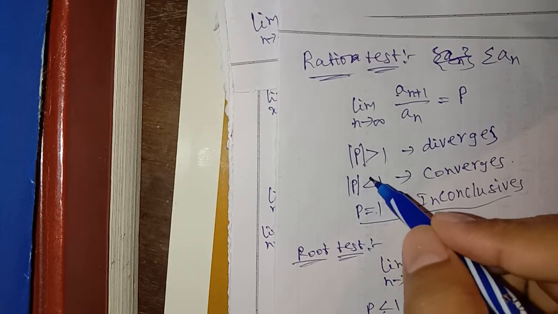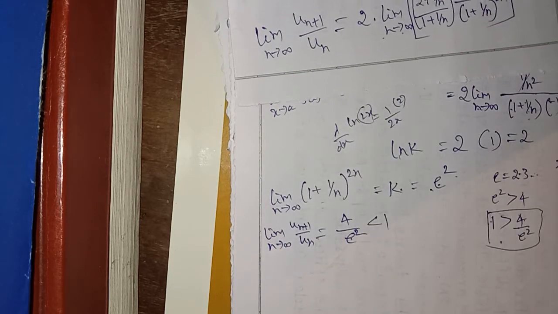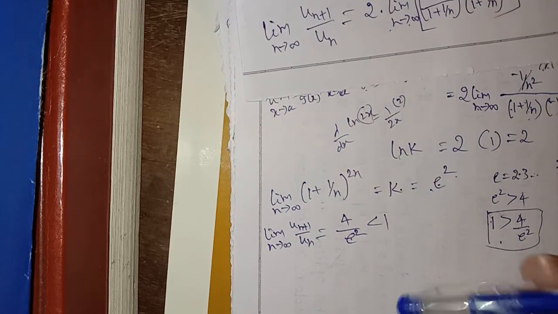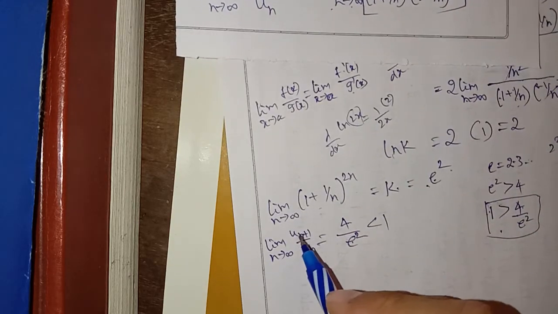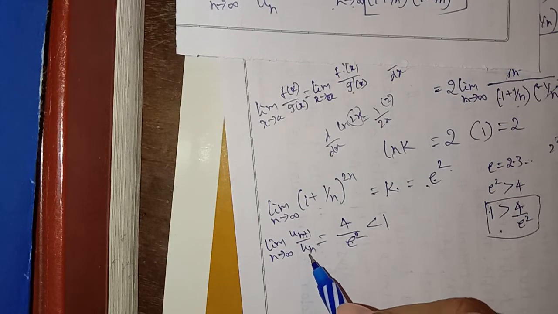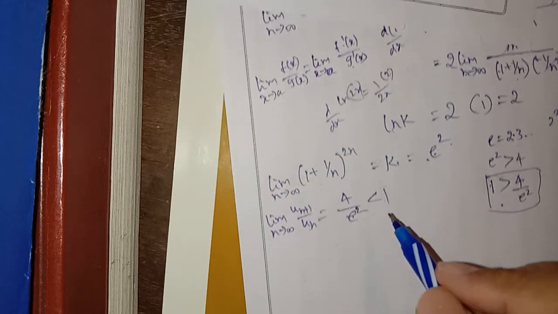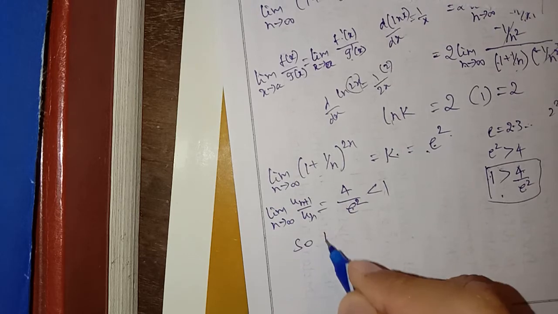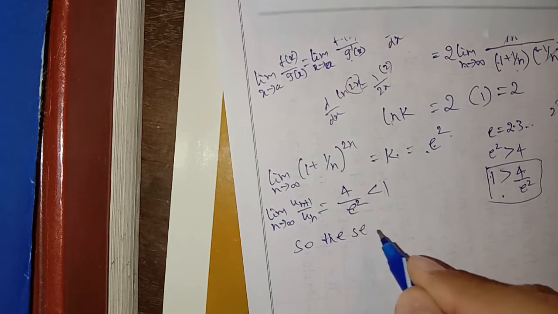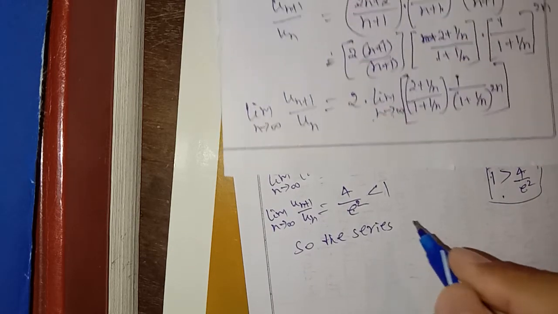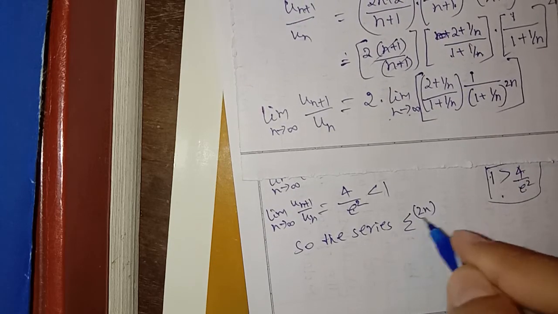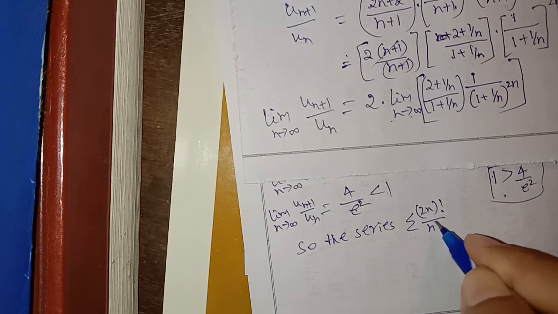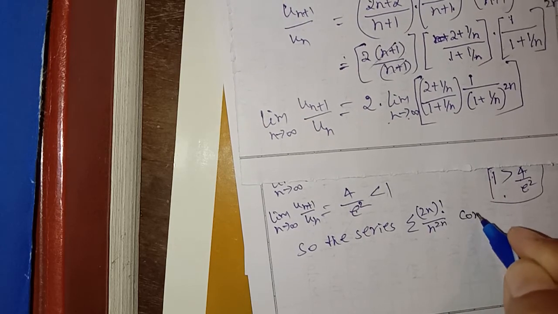If the modulus of p is less than 1, then it converges. So if we apply this here, the limit as n tends to infinity of u(n+1) divided by u(n) is less than 1. So the series (2n)! divided by n^(2n) converges.